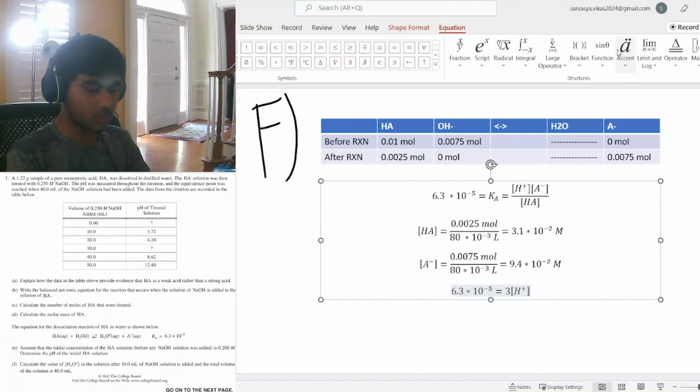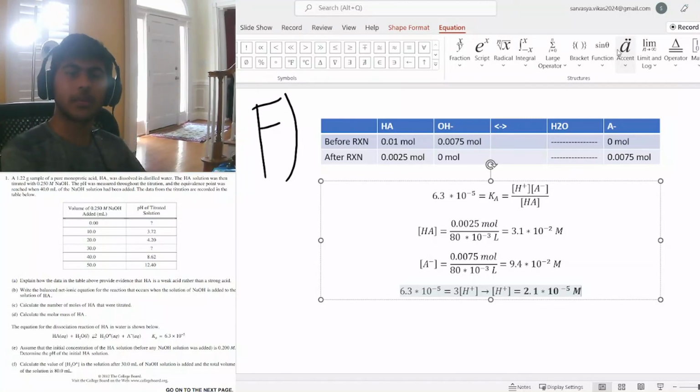So H plus is going to be equal to 2.1 times 10 to the negative 5 molar. And that is going to be the concentration of hydronium in the solution after the 30 milliliters of NaOH is added and the total volume is 80 milliliters.